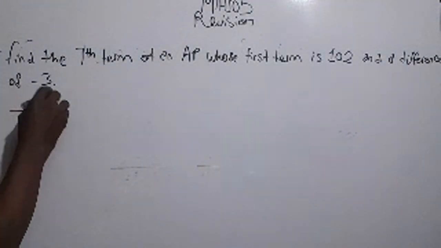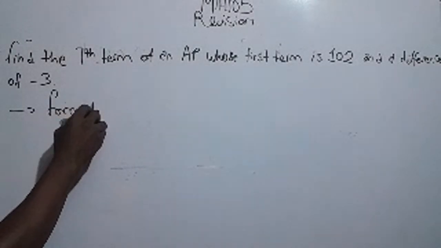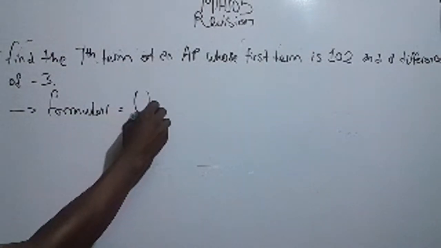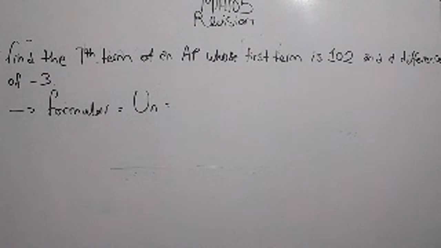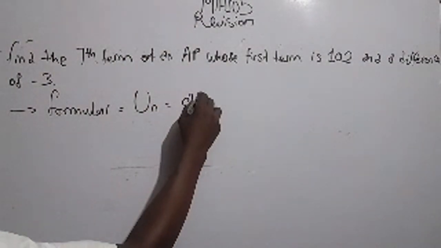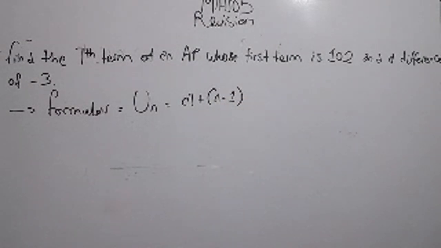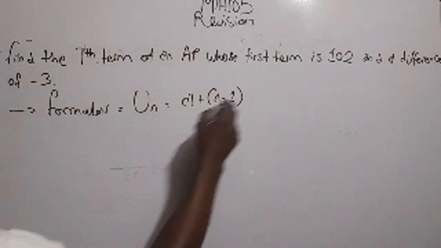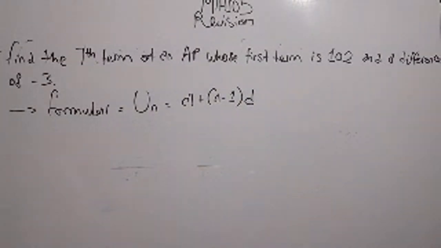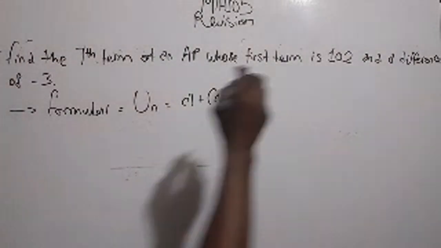When we say seventh term, there's a formula: Un equals A plus (n minus 1) times d. That is the formula. It's simple and straightforward because we have everything we need. Let's list it out.